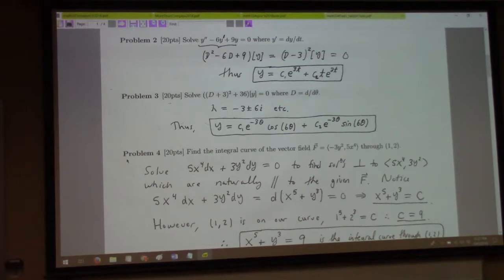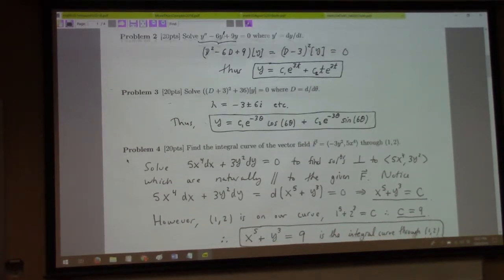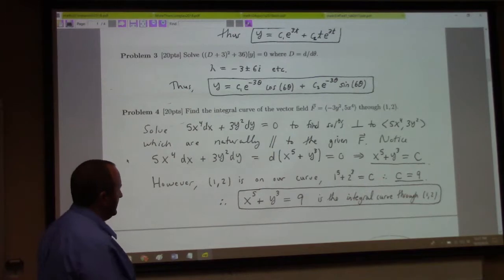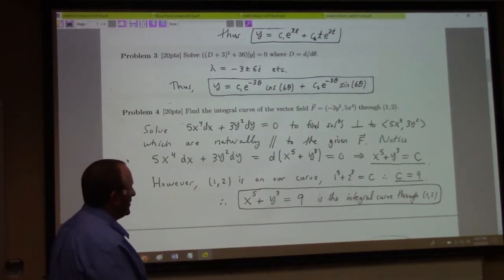Find the integral curve of the vector field through 1, 2. I was looking at this a different way last year, so you can take it or leave it, my way of thinking about it here. I like the way we thought about it this year more, so I don't want to say much about that.